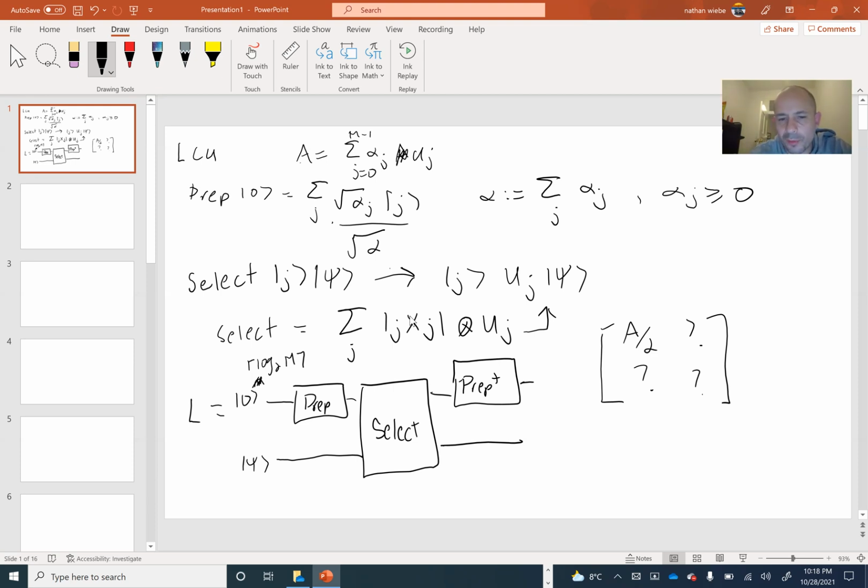But let's not worry about that. I'll call this value little m. So this will be flagged by 0 to the m, and this would be 0 to the m.